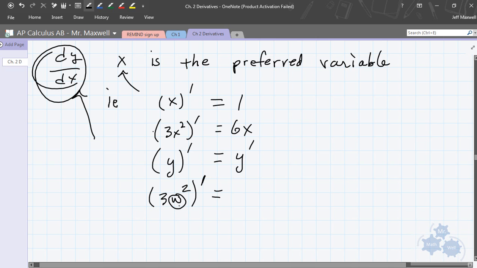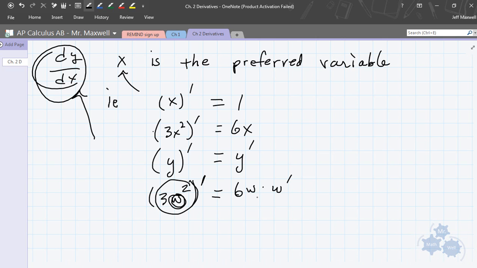I have to tell you this is with respect to x. So what you do is the chain rule. You would say, hey, outside function, inside function, and we'll assume that w is a function of x. So then you go 6w times w prime. Because I don't see an x there. X is the preferred variable with respect to x. So whenever you see another variable, you have to just write it as the variable prime. You get that so far?